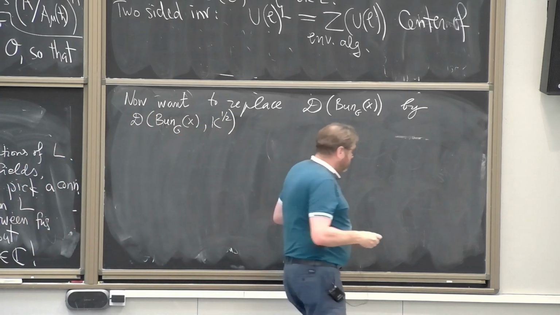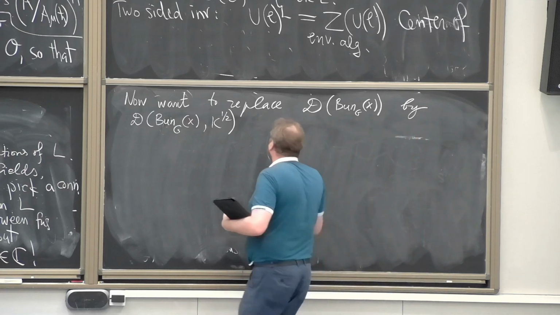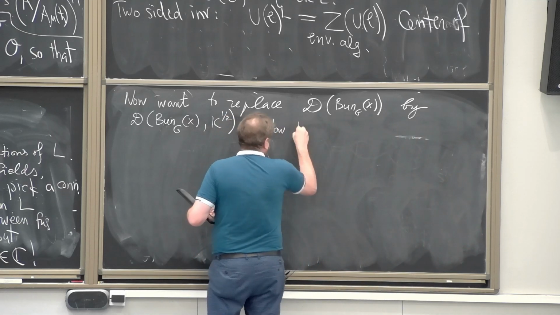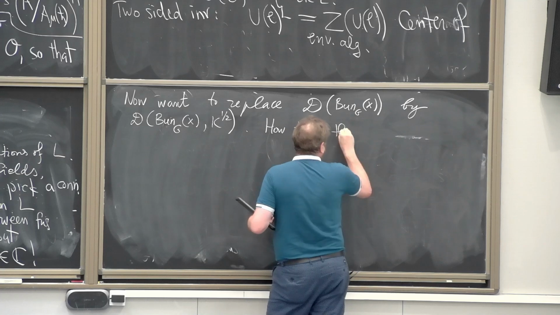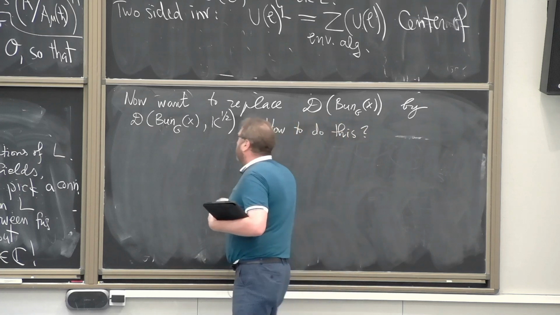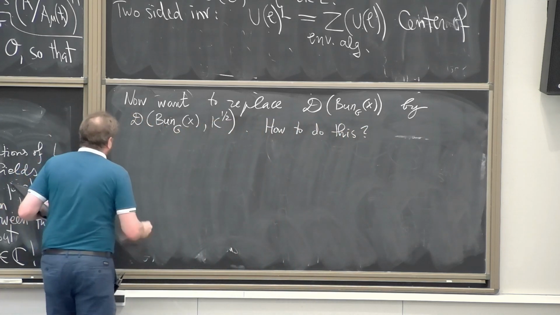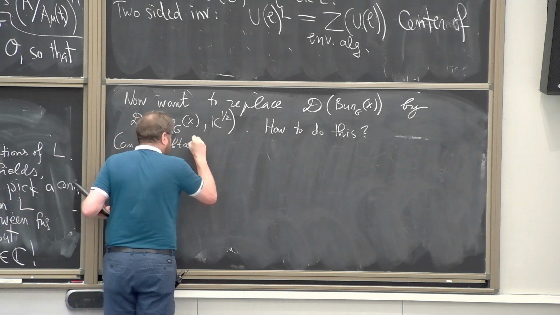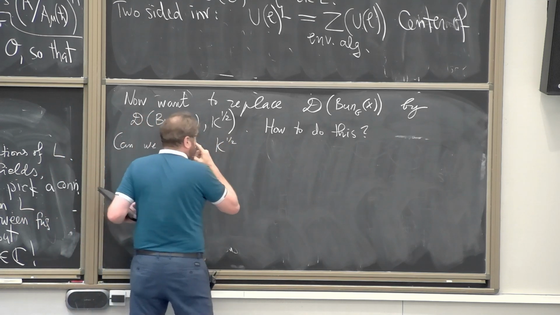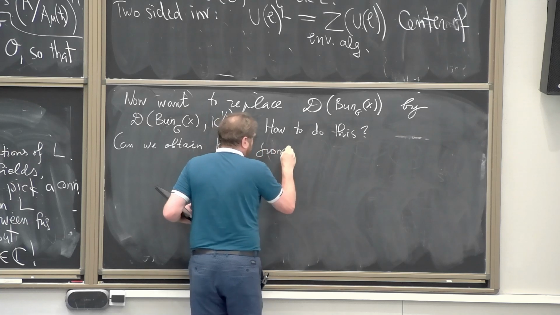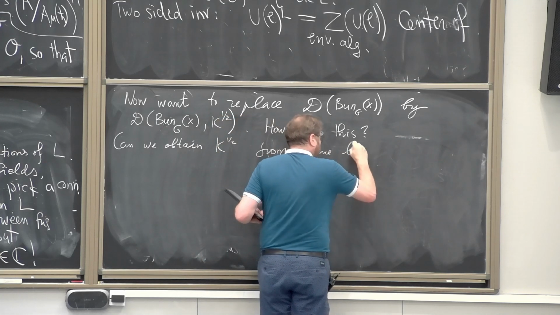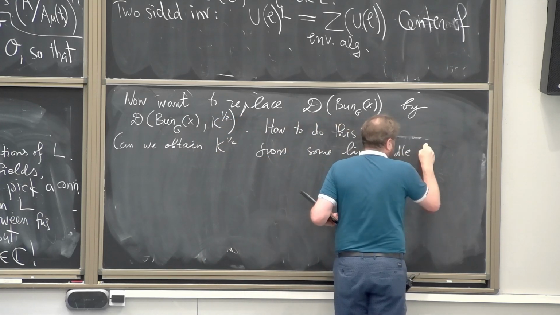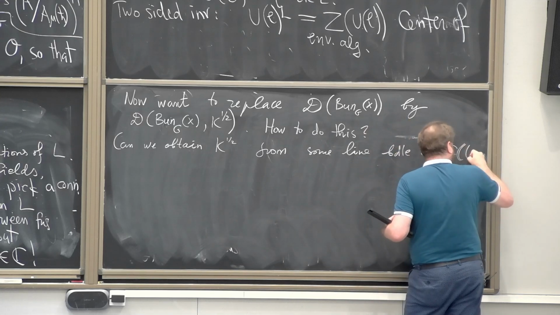And so how to do this? Well, we need to see how to obtain K to the 1/2 from some line bundle upstairs. So this means on the loop group.